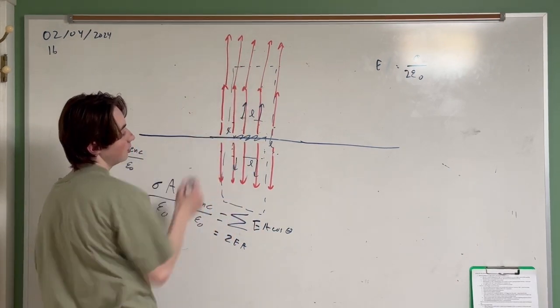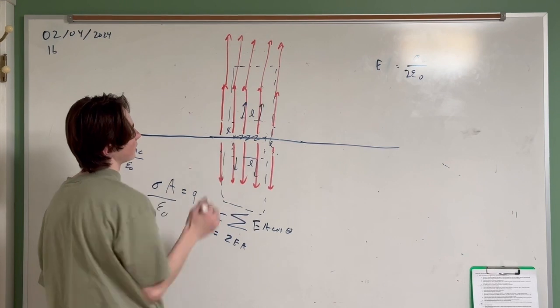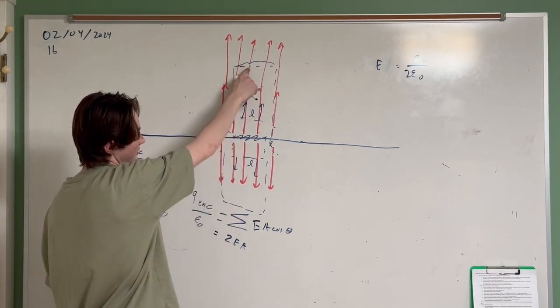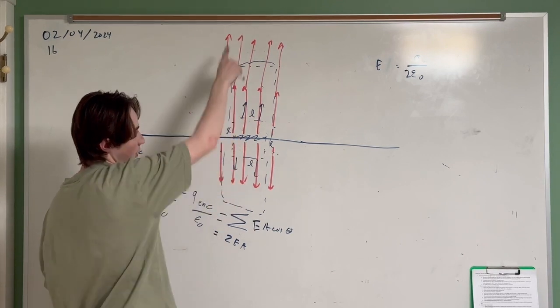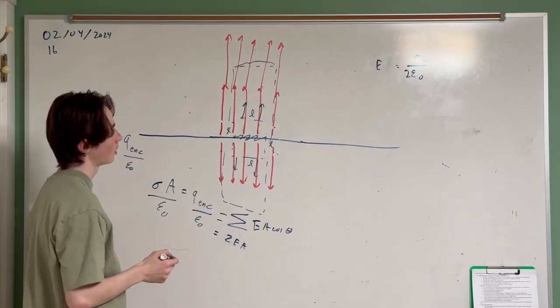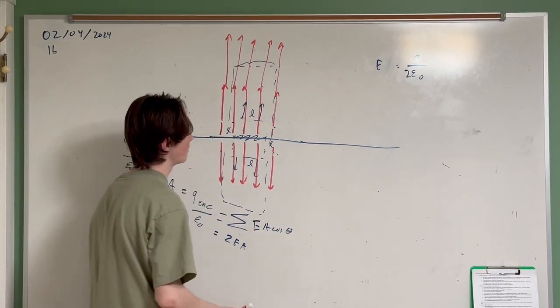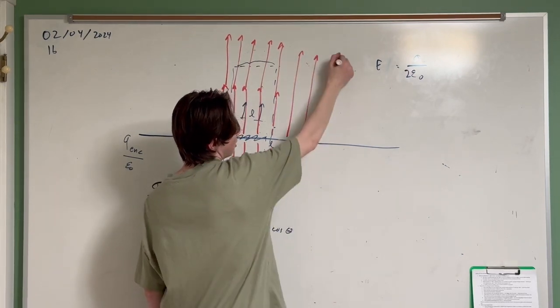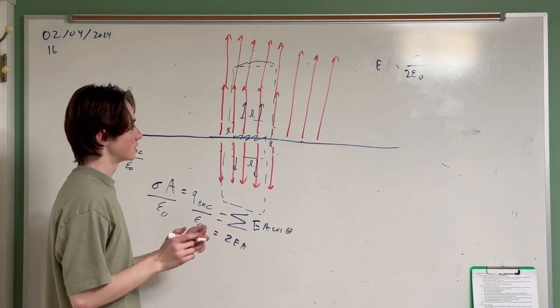This is much higher, but these sides aren't affecting it at all. So this is the same area here, and we're going to have the same electric field anywhere up and down. Yeah, it's uniform. You can also see that because when we point all these arrows, they're all pointing in the same direction.